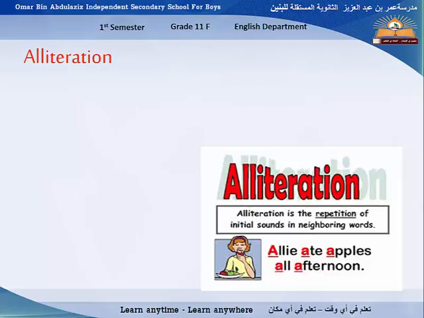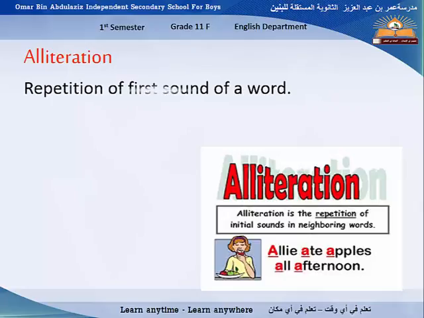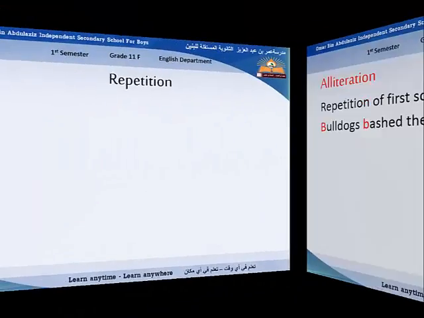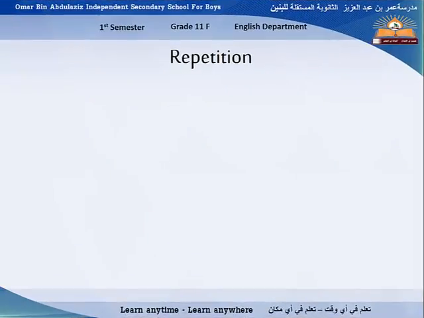First of all, if you use alliteration, and we explained it before, alliteration is the repetition of initial sounds in each word of the sentence. So it is a good persuasive technique. Also, you can use repetition.